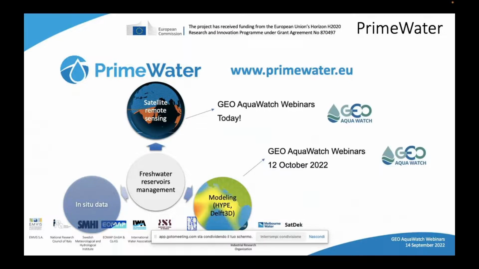Today I'm presenting the activity we are doing with respect to satellite data, in particular the hyperspectral component, because in PrimeWater we also use a lot of Landsat and Sentinel-2 data, which are not presented today. In the following webinars, which belong to the PrimeWater class, there will be a webinar much more focused on modeling, on the advantage of integrating satellite and in situ data for also forecasting the quality of water in those freshwater reservoirs.